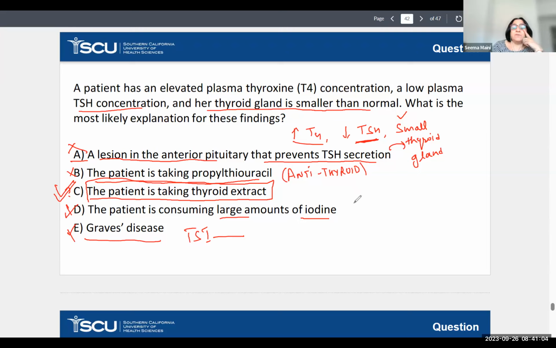Yes, that is Wolff-Chaikoff effect. Remember, we talked about it. Wolff-Chaikoff effect, there is depression of thyroid gland. So in that case, T4 levels should be low. If the question said low T4 and small thyroid gland, yes.